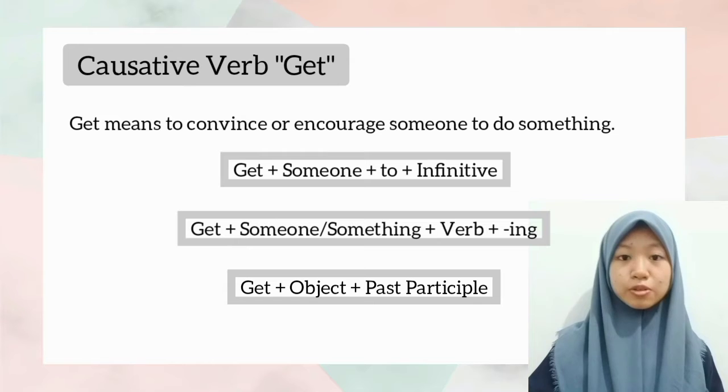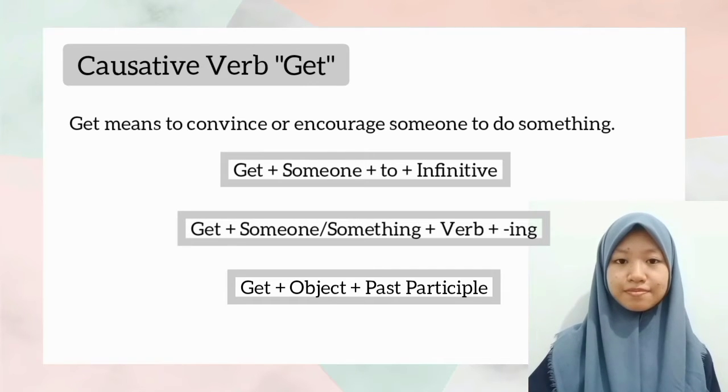Causative verb get. Get means to convince or encourage someone to do something. So the causative verb get means that the subject persuades or convinces someone to do what the subject wants. There are three formulas to use the causative verb get.